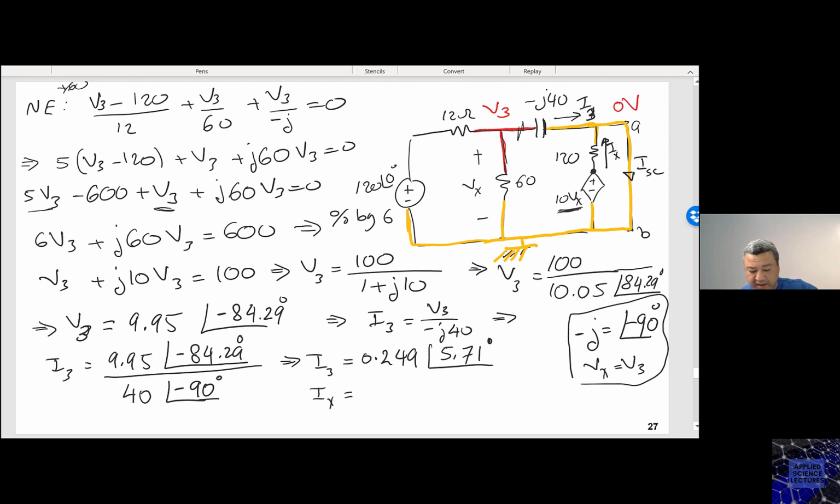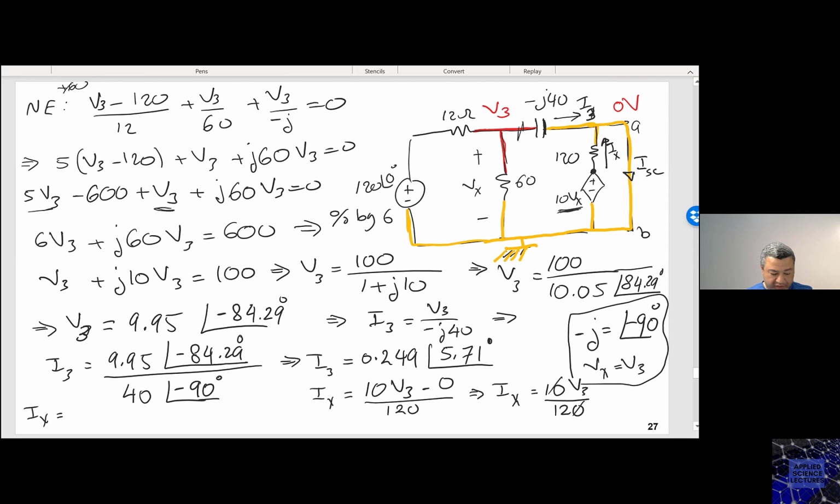So I have Ix as (10 V3 minus 0) over 120, or Ix is 10 V3 over 120, or Ix is V3 divided by 12.